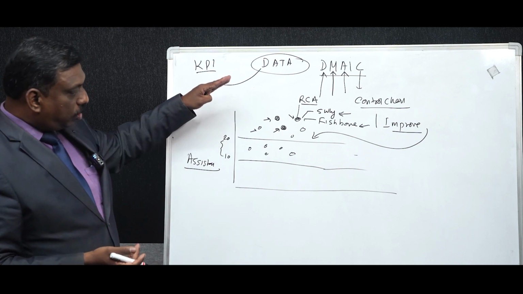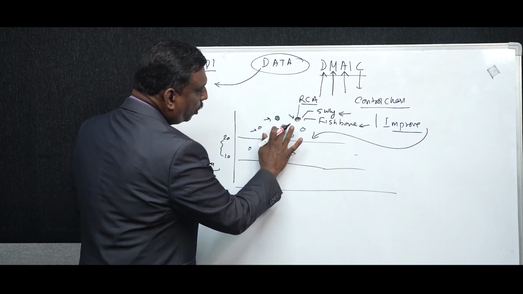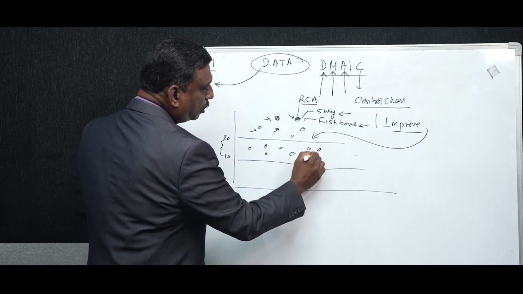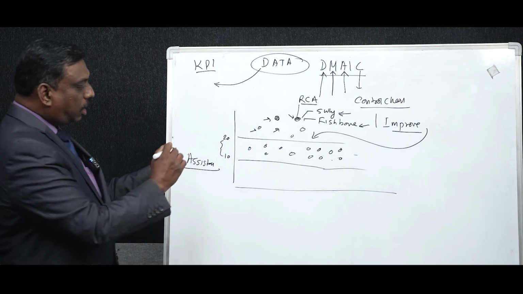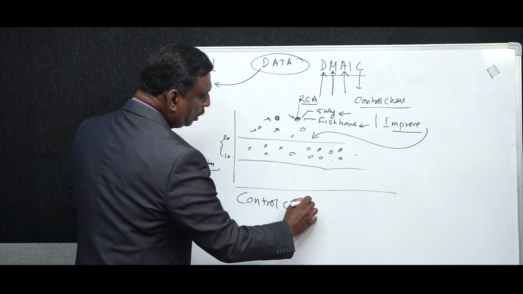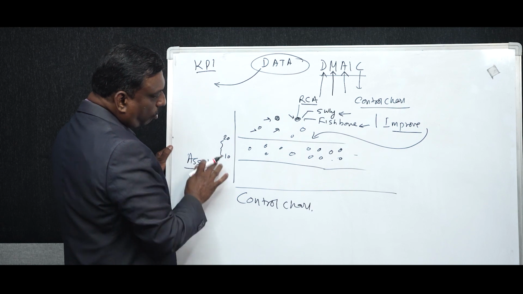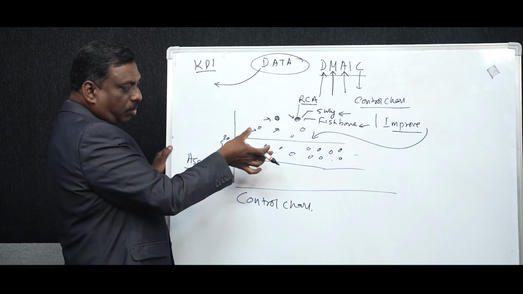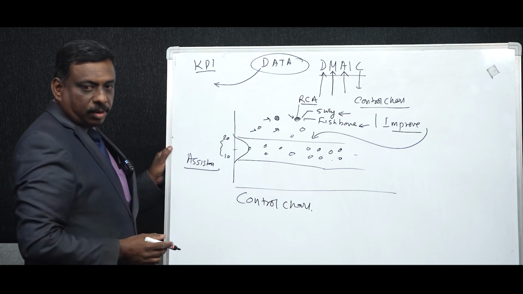So you have to solve all the problems one by one, so that ultimately all the patients will be within this line. This chart is called the control chart, the last stage. Once you bring all the patients within the upper and lower limit of your control chart, this is the Six Sigma level.